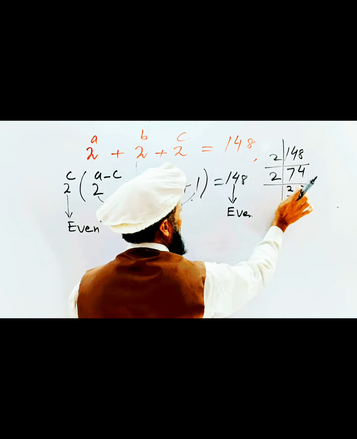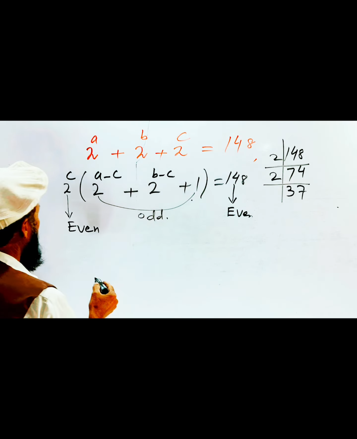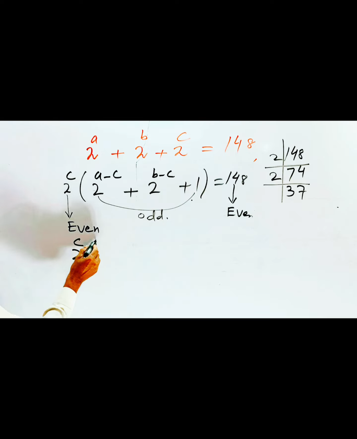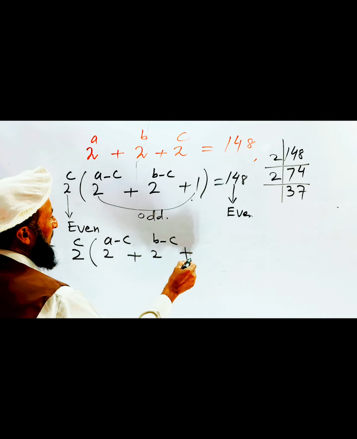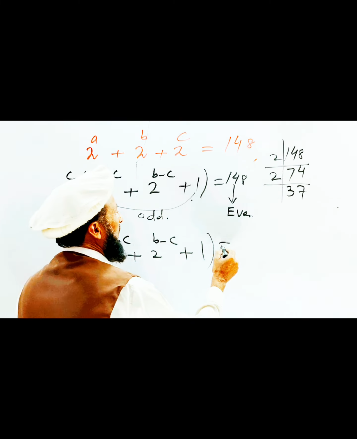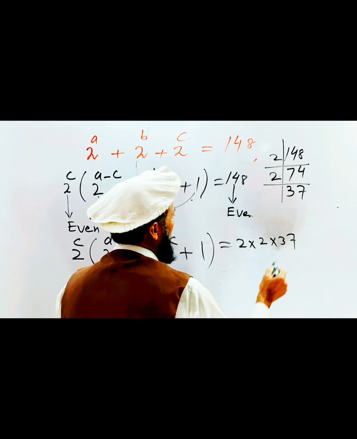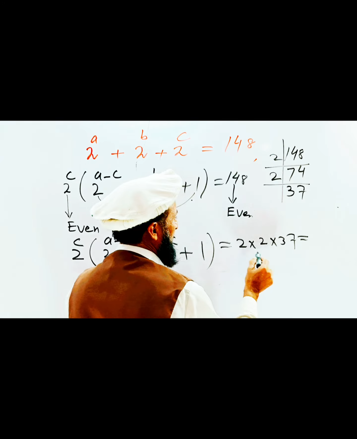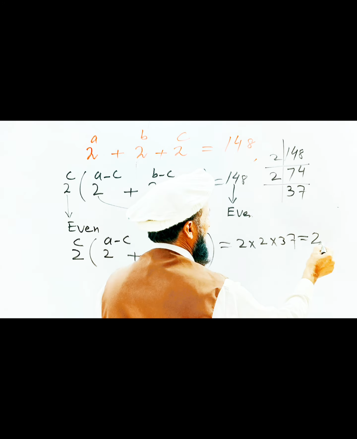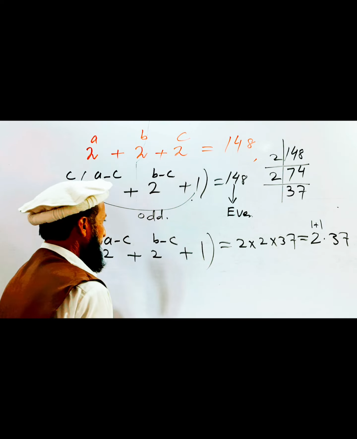It means that for the factorization of 148 we can write this term: 2 exponent of c times the bracket 2 exponent of a minus c plus 2 exponent of b minus c plus 1 is equal to 2 multiplied by 2 multiplied by 37. When the bases are the same, we add their exponents: 1 plus 1, into 37.